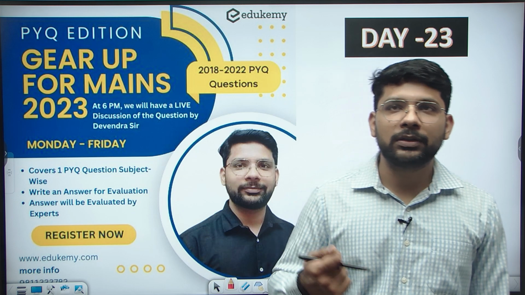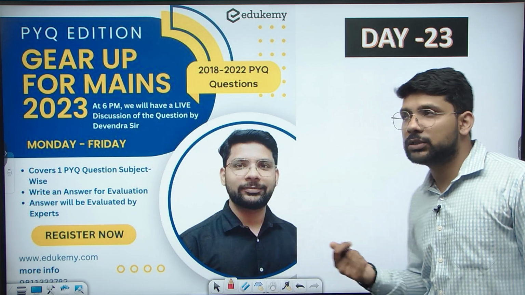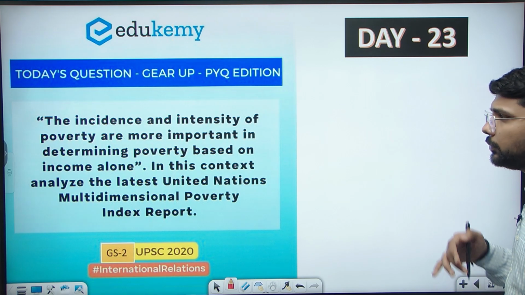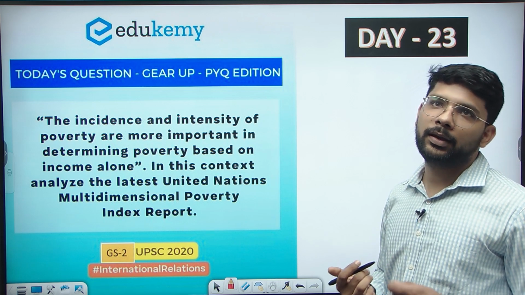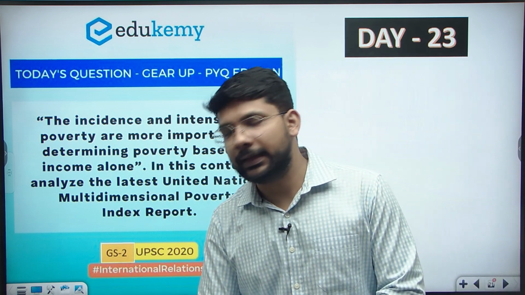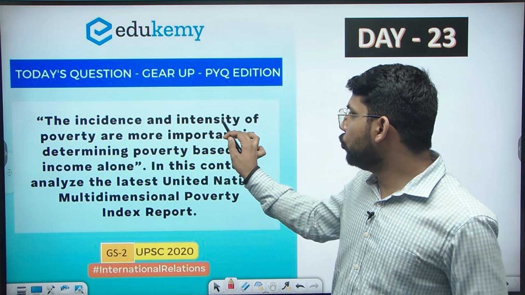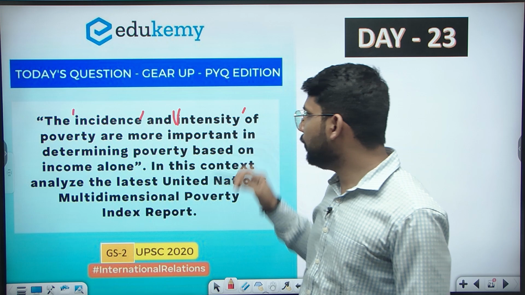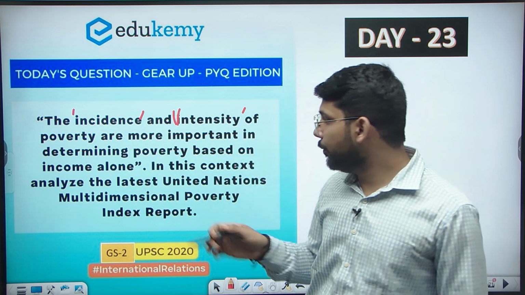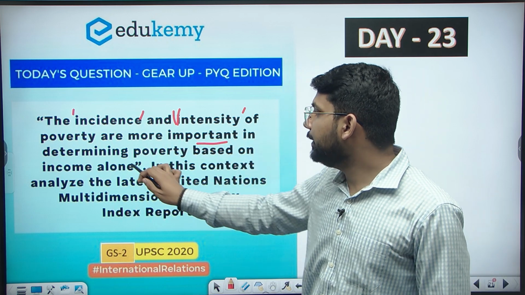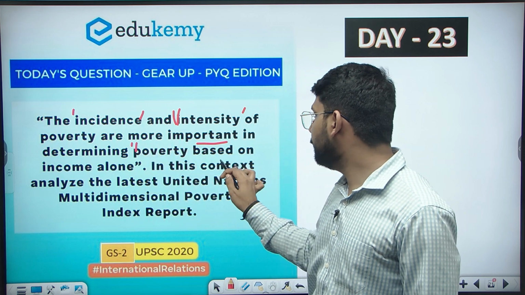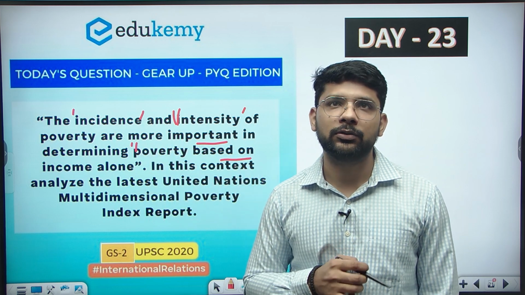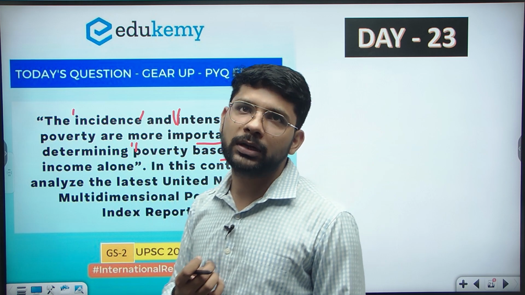Okay, let's start with today's question. The incidence and intensity of poverty are more important in determining poverty than income alone. This statement is taken from a news article.